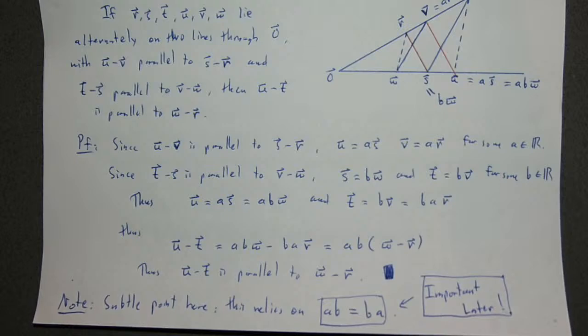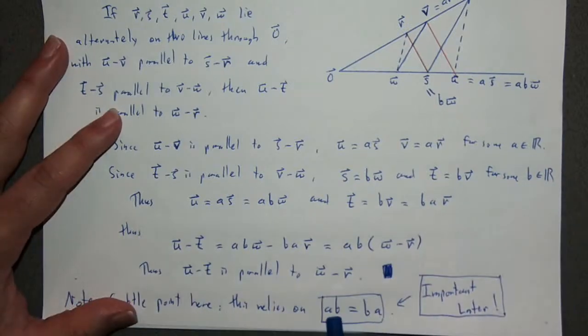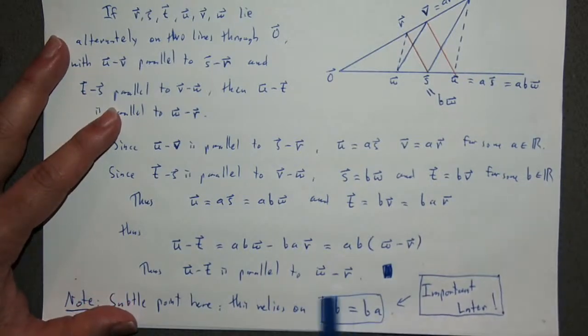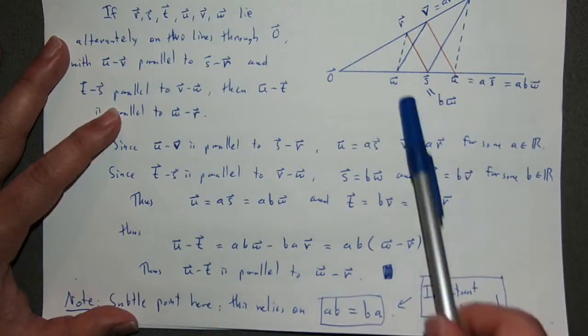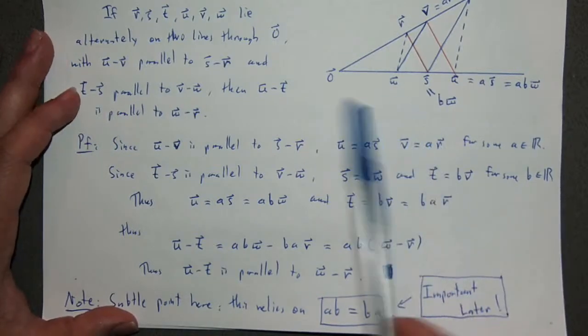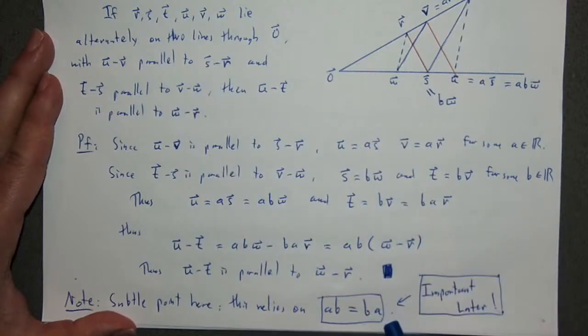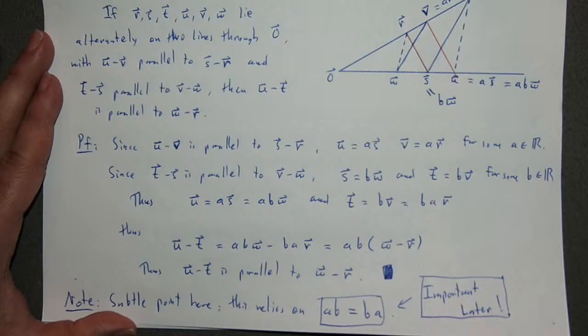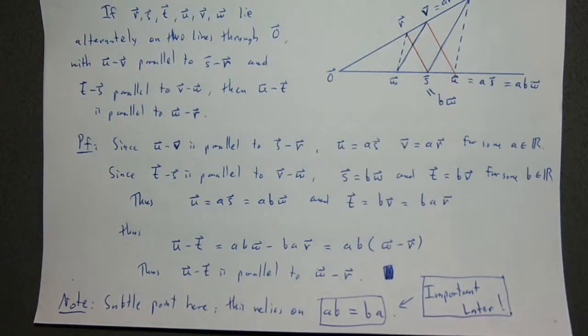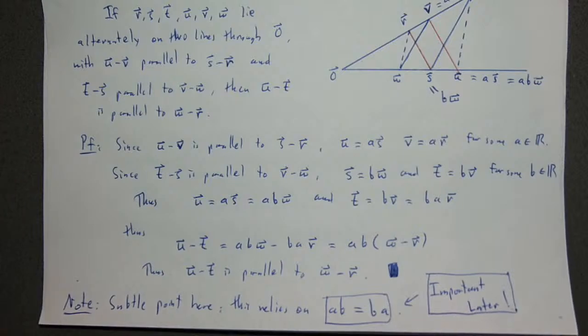And it turns out that in order to get the commutative property arising in algebra from projective geometry, you need the Pappus theorem. And so this Pappus theorem is somehow fundamentally connected to the fact that A times B is equal to B times A. That seems like a really strange thing, but that is actually exactly where this construction of the commutative property is going to come from, when we talk about projective geometry.